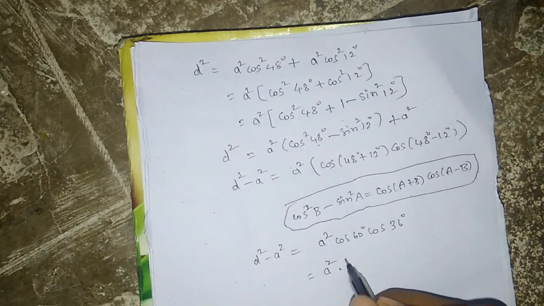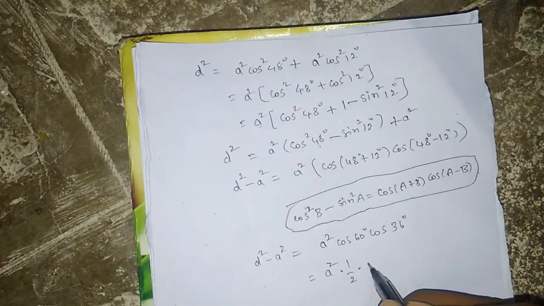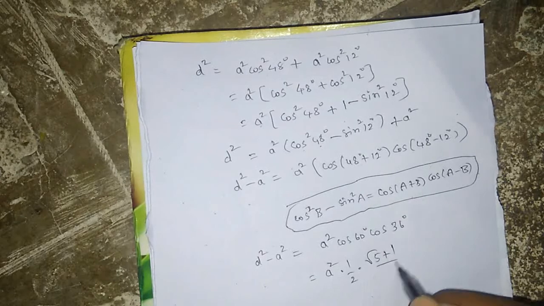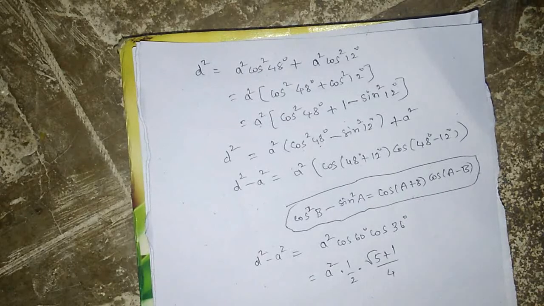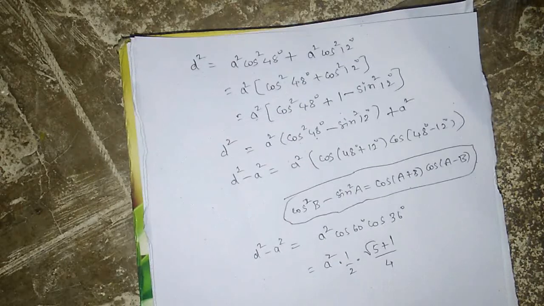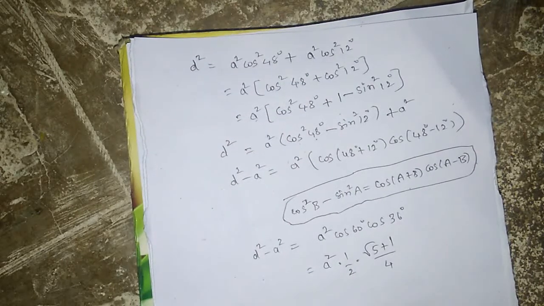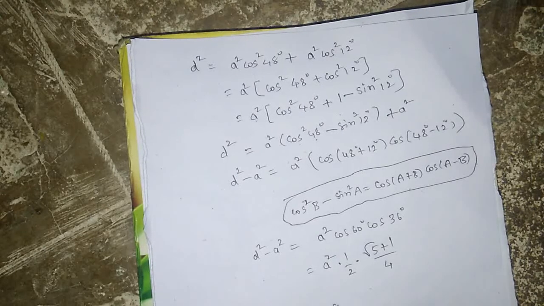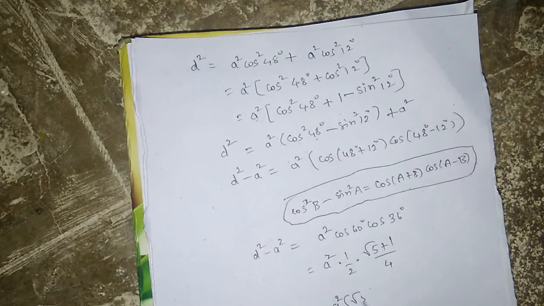Cos 60 degrees is equal to 1 by 2, cos 36 is equal to (root 5 plus 1) by 4. Therefore d square minus a square is equal to a square into (root 5 plus 1) by 8.